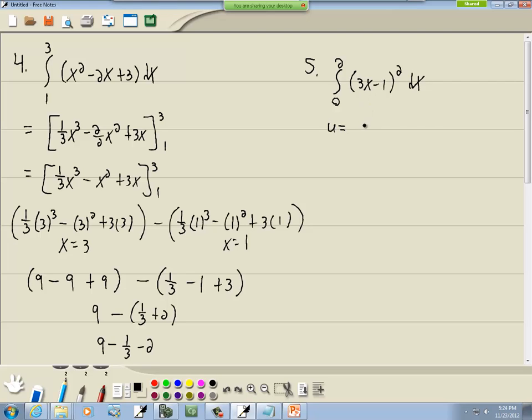We got parentheses to a power, so I'm going to let u equal 3x minus 1, whatever's inside the parentheses. du would be 3 dx. Okay, so we need a 3 inside. Leaving a space there. And we'll offset it with a 1/3 out in front.